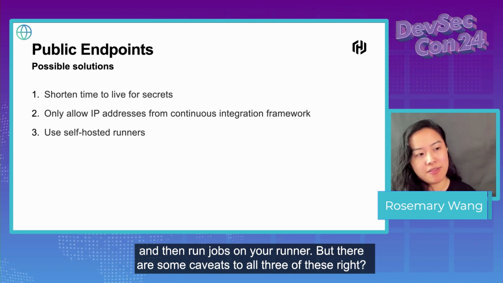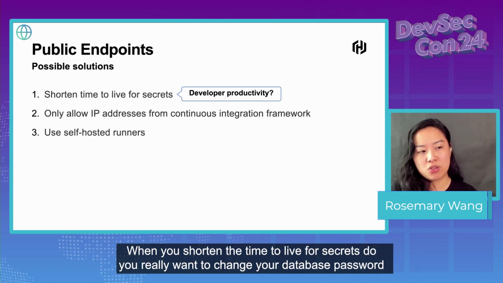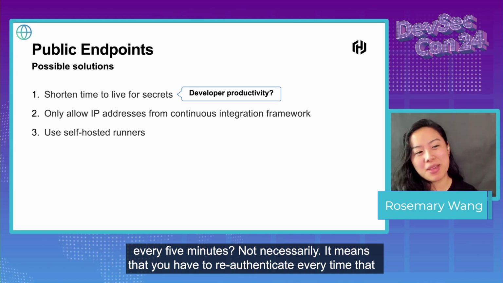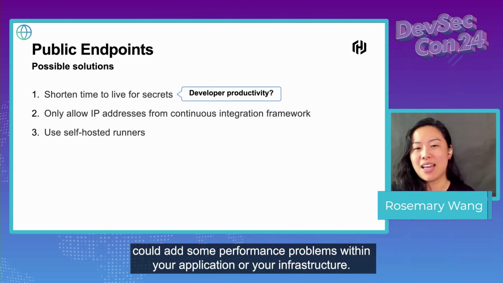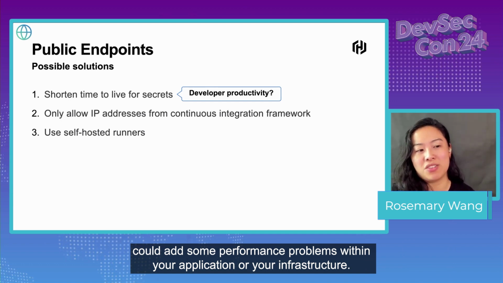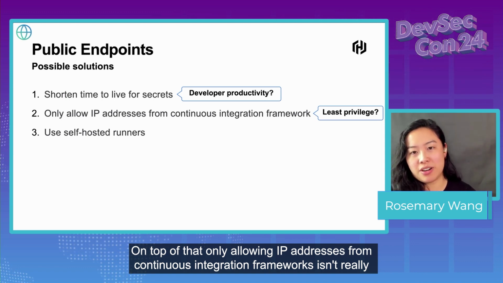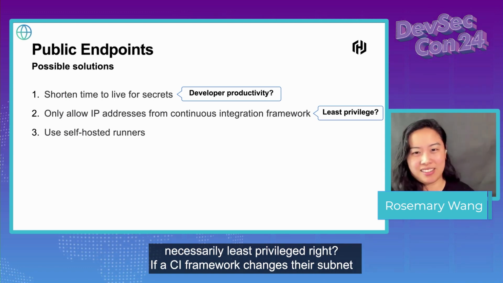But there are some caveats to all 3 of these, right? When you shorten the time to live for secrets, do you really want to change your database password every 5 minutes? Not necessarily. It means that you have to re-authenticate every time. That could add some performance problems within your application or your infrastructure. On top of that, only allowing IP addresses from continuous integration frameworks isn't really necessarily least privilege, right?